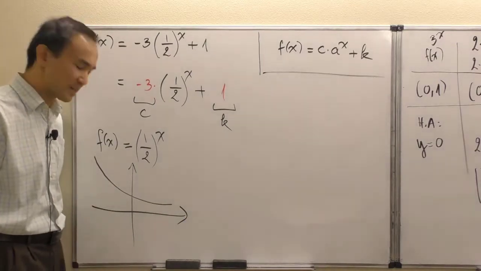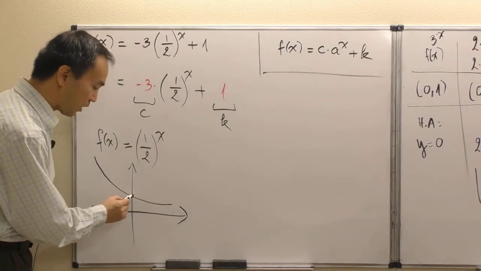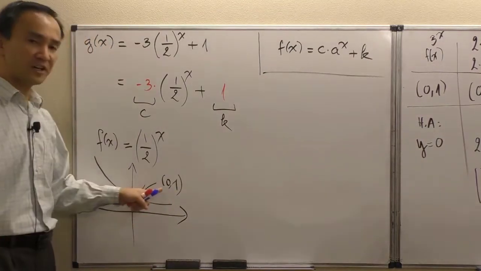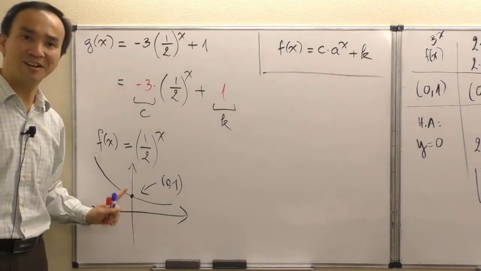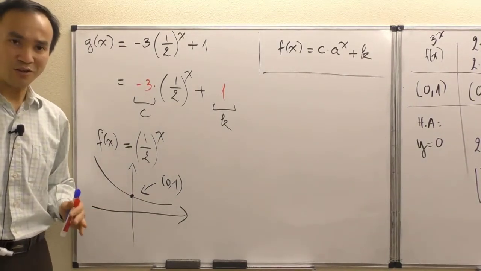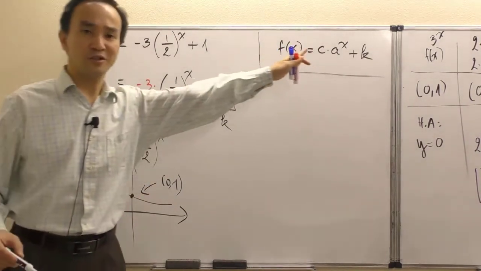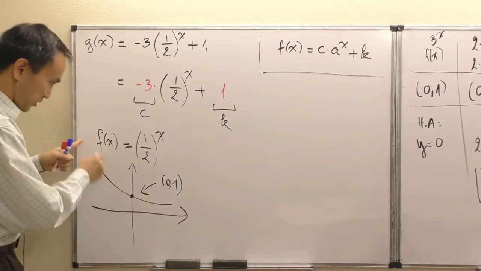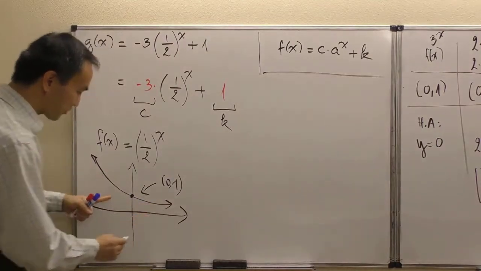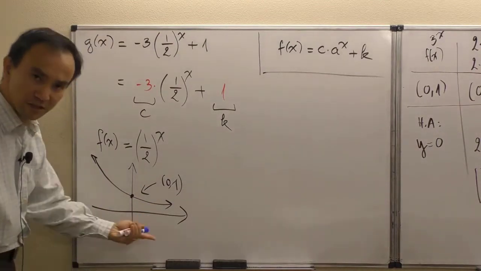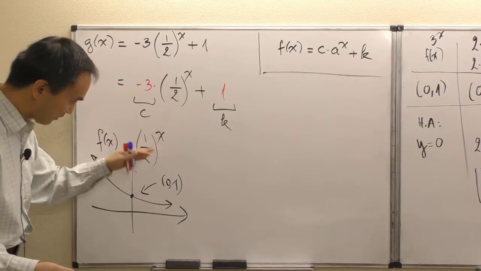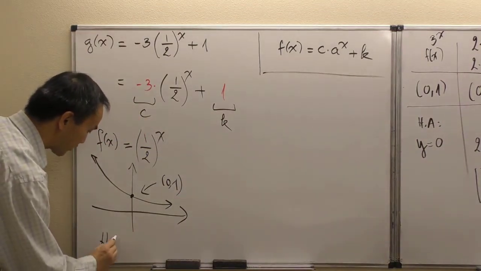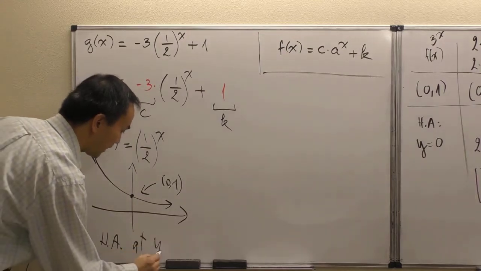We will have a y-intercept right here at 0, 1. This is the first major characteristic that we've been learning about, and we would like to come to a generalization on the general version. And with this particular parent function, we already understood that it has a horizontal asymptote at y equals 0.